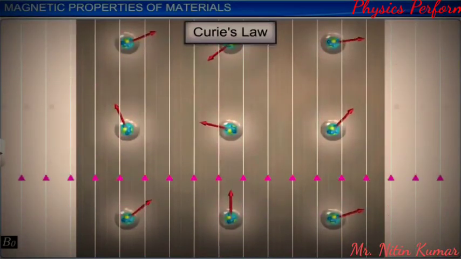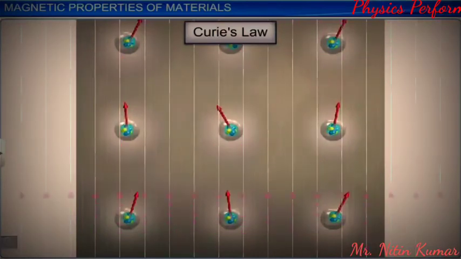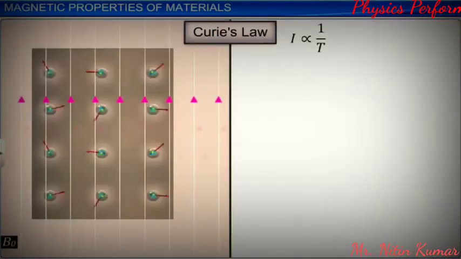The magnetization of the paramagnetic material is inversely proportional to its absolute temperature. That is, I is inversely proportional to T. Let this be equation 1. The magnetization is directly proportional to the applied magnetic induction. That is, I is directly proportional to B0.